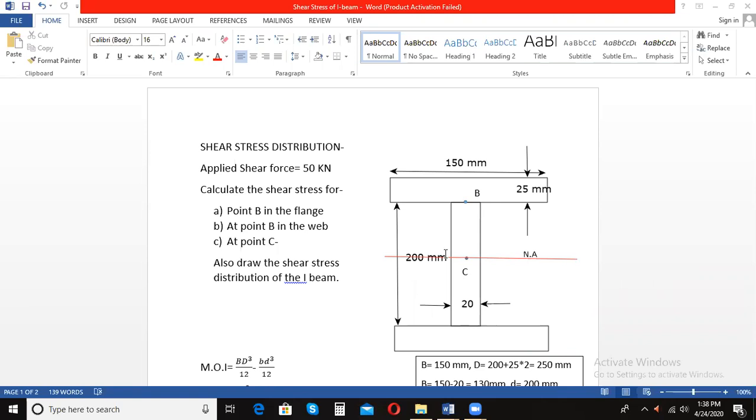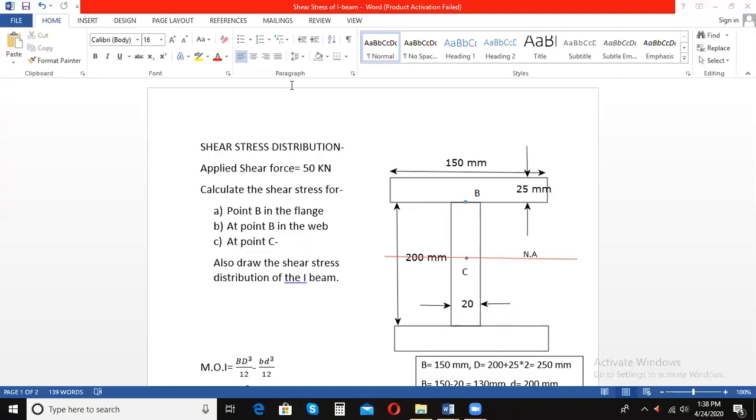Now, this is an I-beam, and the width of the flange is given as 150 mm. The thickness of the flange is given as 25 mm. This is the web, whose thickness is 20 mm, and the height of the web is 200 mm. So what is the overall depth of this beam?